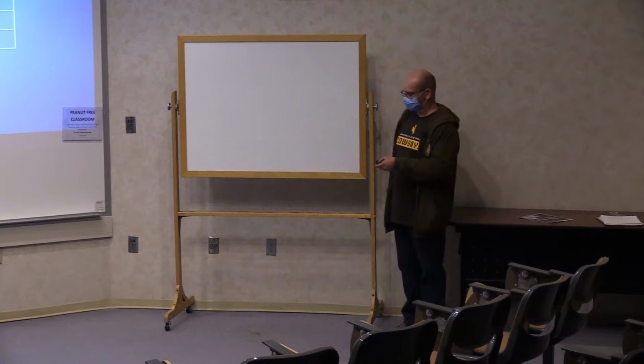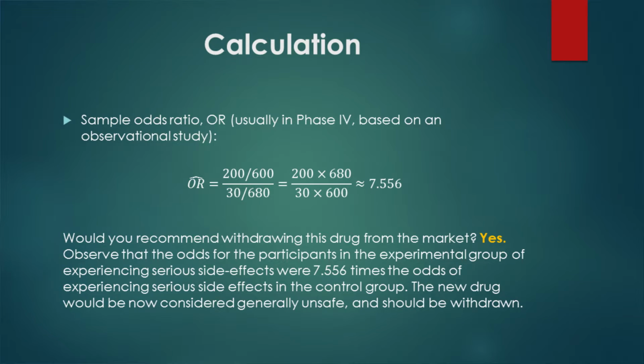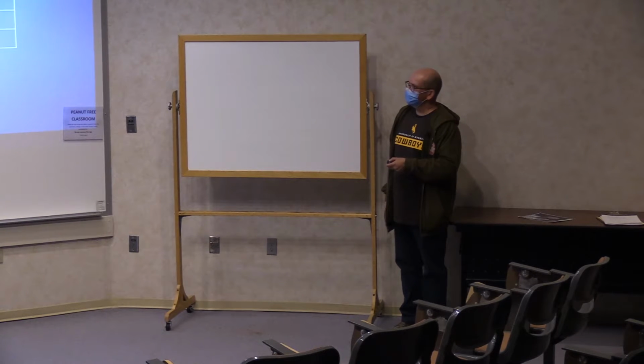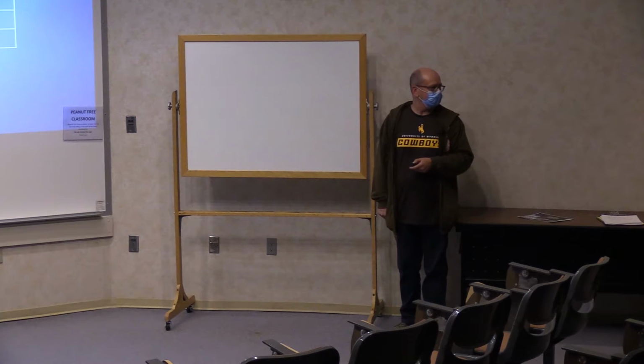We can do the odds ratio here because this is usually done in phase 4, after the drug has already been on the market for some time, and we are following long term what's happening. What do we observe in the new treatment? We have a pretty high number of serious side effects compared to the previous treatment.